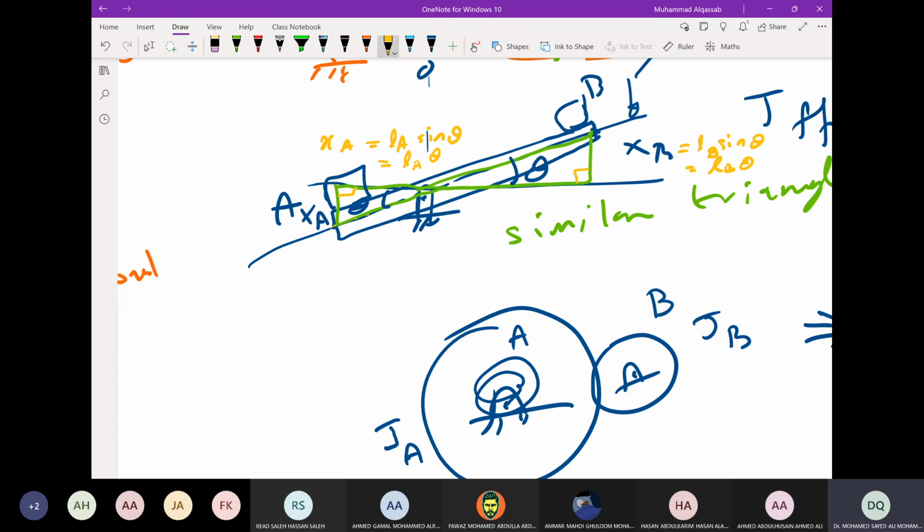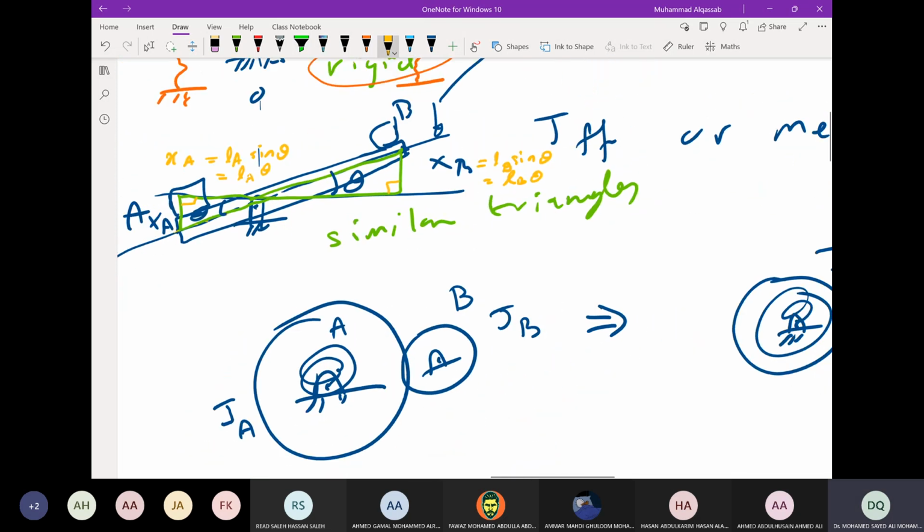The equivalent system to this can be a spring mass system.